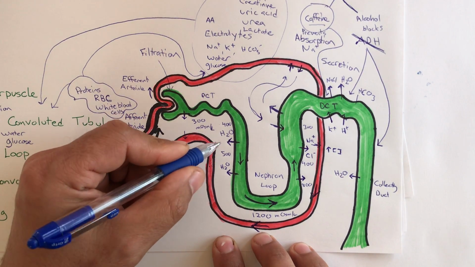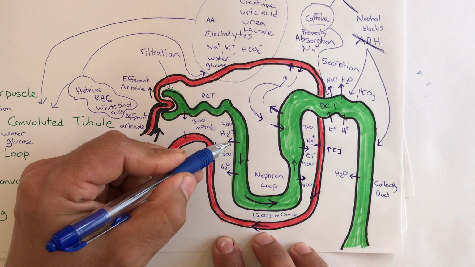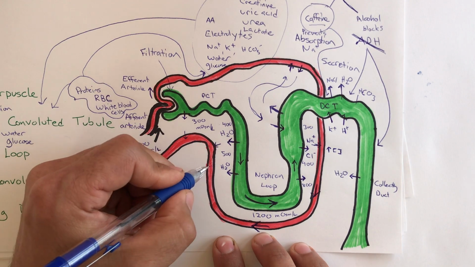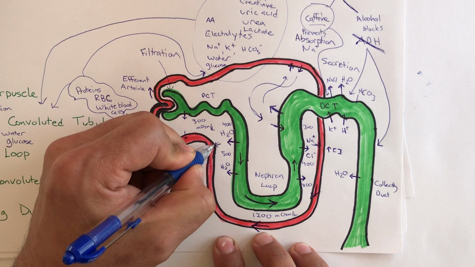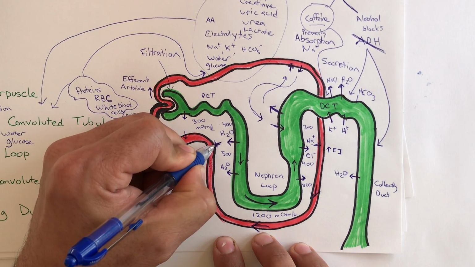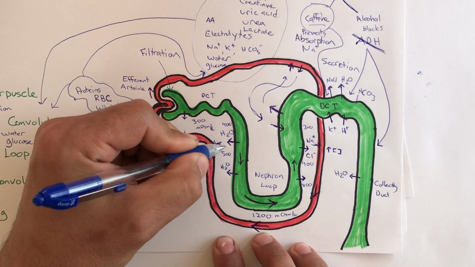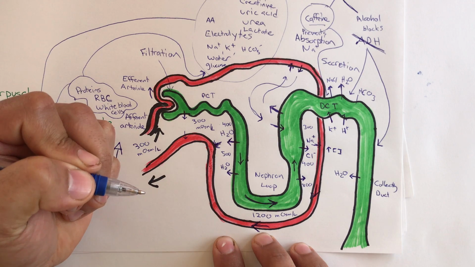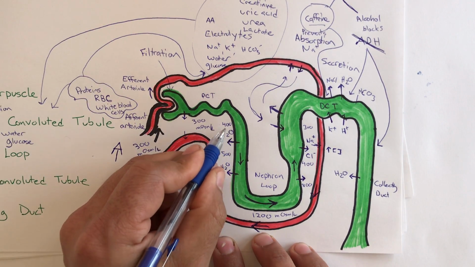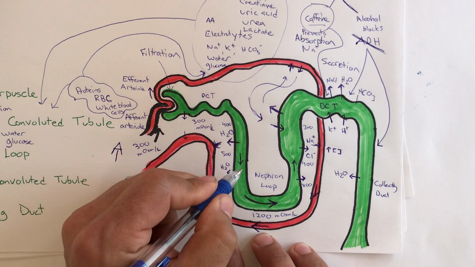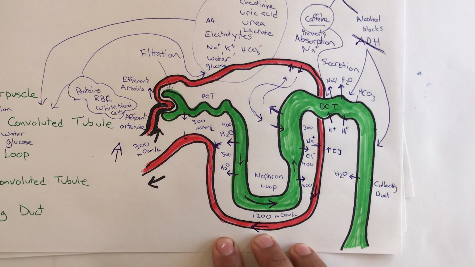So water naturally goes right in. That's the reason why it's pulled at this point. So now we know what occurs, and we know why it occurs here at the descending limb of the nephron loop.